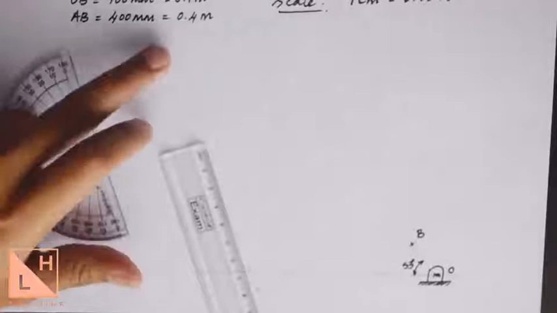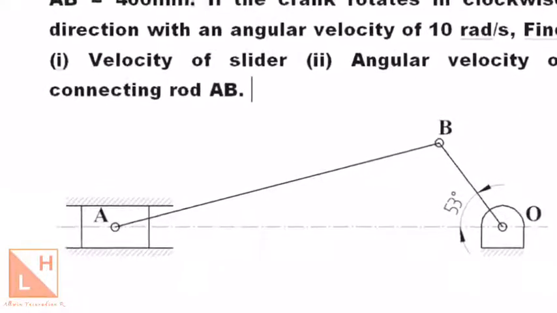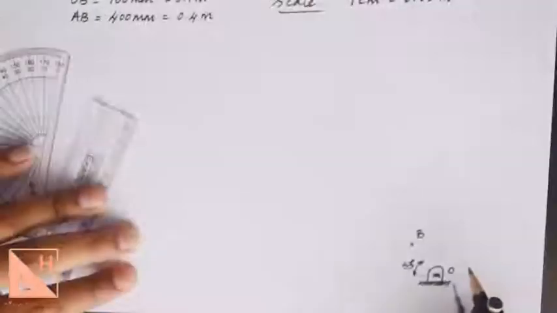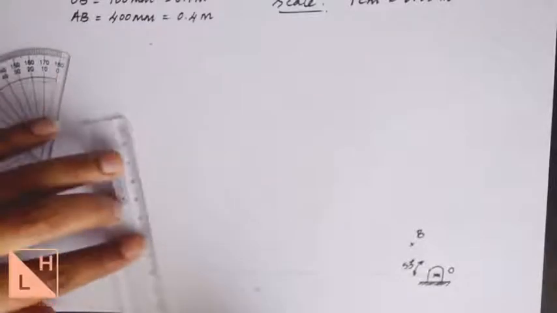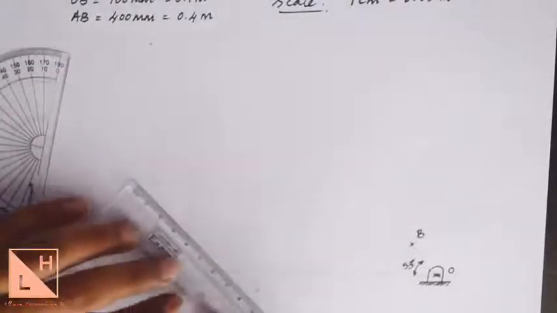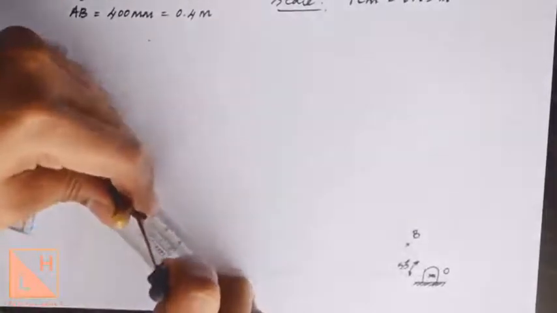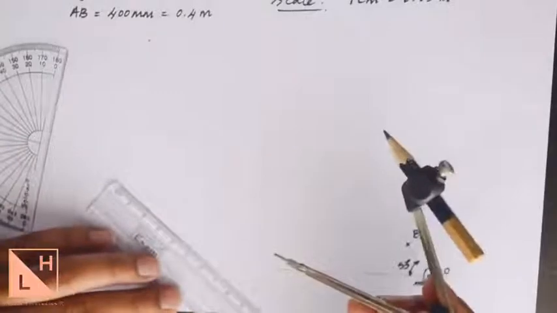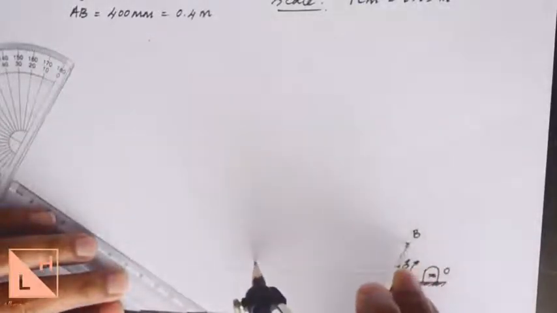Now we also know the length of the connecting rod AB. So we have B here. A should come on this axis of the center of the crank, right? We know the length of AB as 0.4 meter. So if 1 centimeter is equal to 0.05 meter, 0.4 meter will be 8 centimeters. Measure 8 centimeters in the compass, keep it at the point B and cut one arc on this axis.